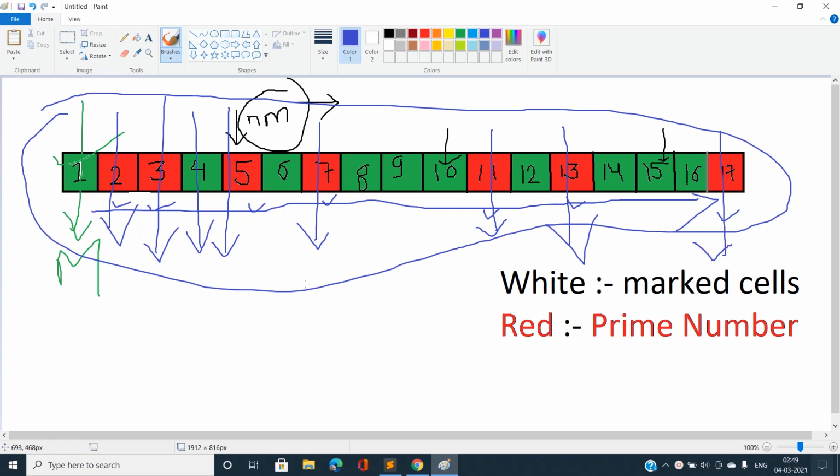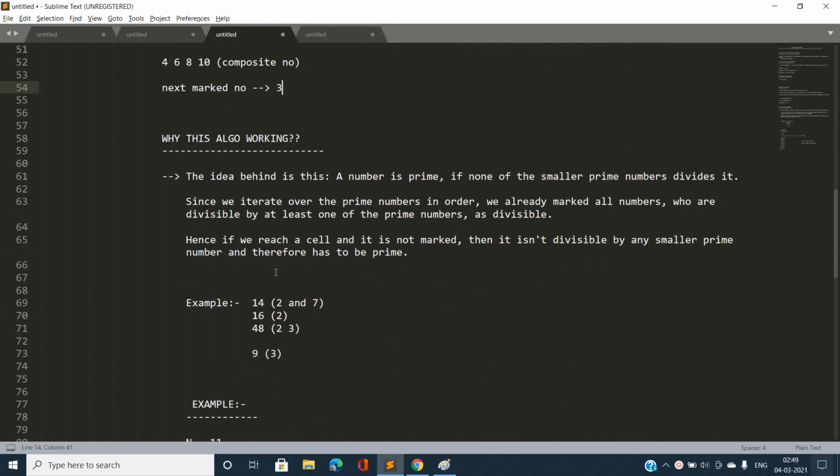So let's understand why this algorithm is working and giving exactly accurate results. Note that the idea behind it is that a number is prime if none of the smaller prime numbers divides it. Suppose 14 is a composite number, so it is divisible by 2 and 7.